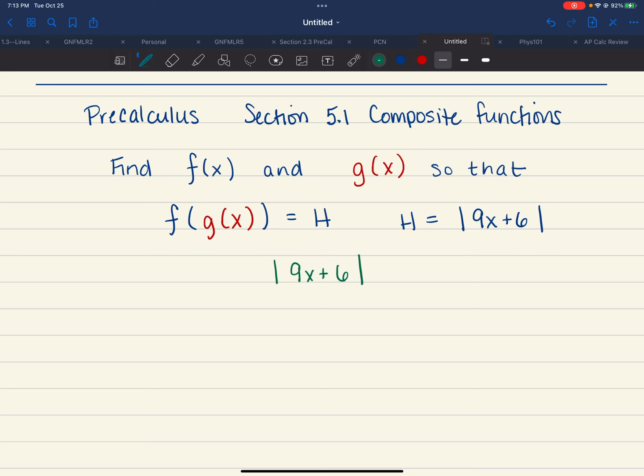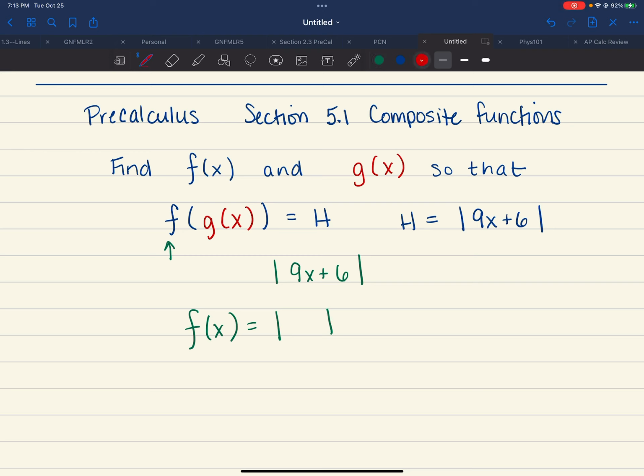I have a couple routes that I can go, but I do know that my outside shell, which is my f function, is going to have absolute values on it because my total function here has absolute value on it. So I know that whatever my f of x is, it's going to have absolute value.